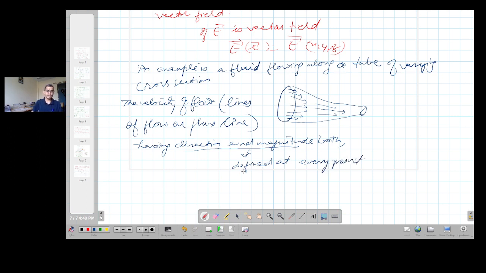Flux means flow of something. So this is an example of the vector field, right?